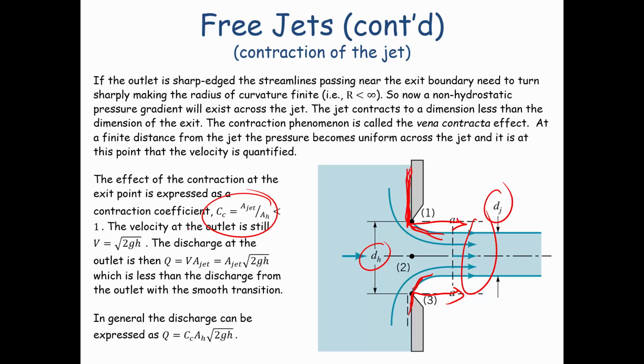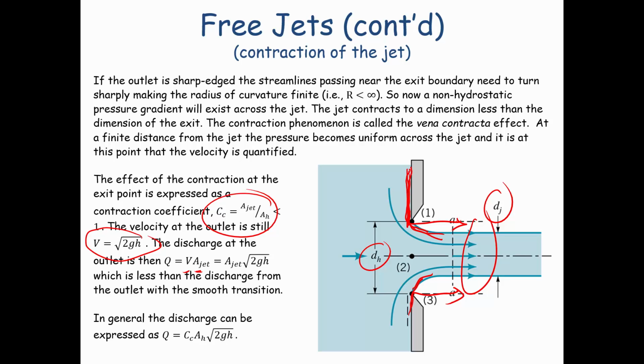The velocity at the outlet is still equal to the quantity that we had before, v is equal to the square root of 2gh, but the discharge will be equal to the velocity times the area of the jet, and that area of the jet is corrected now for this convergence of the streamlines that makes the area of the jet smaller than the area of the actual opening.